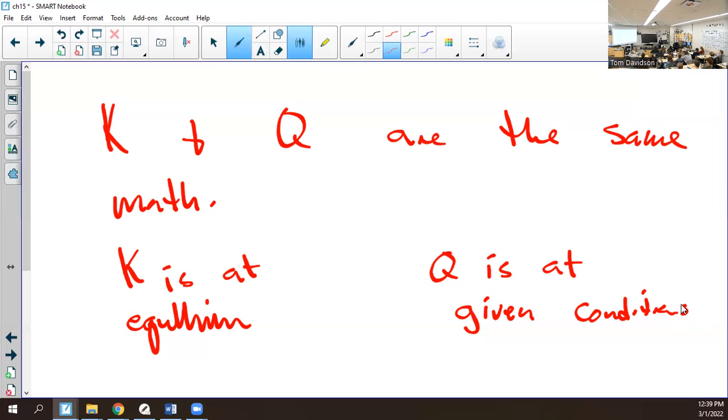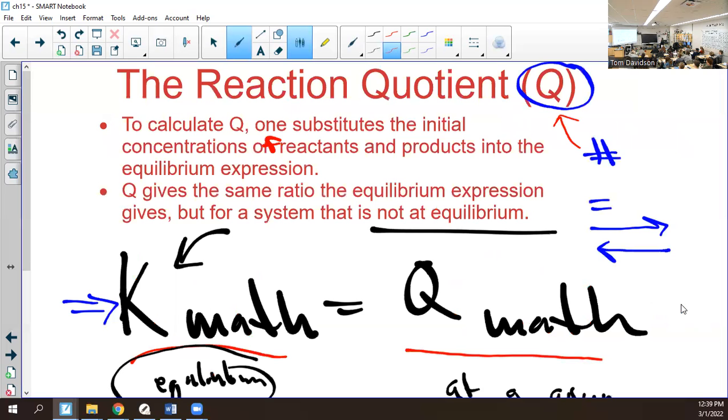K is always at equilibrium. Q is called the reaction quotient, and it's where we are currently at those conditions. Okay, to calculate Q, one substitutes the initial concentrations or the given concentrations of reactants and products into the equilibrium expression. Q gives the same ratio the equilibrium expression gives, but for a system that is not at equilibrium.